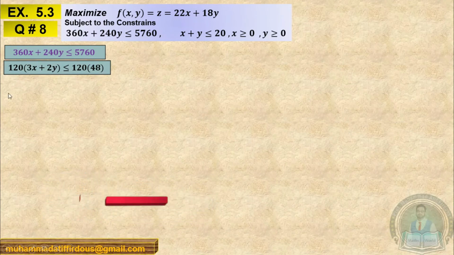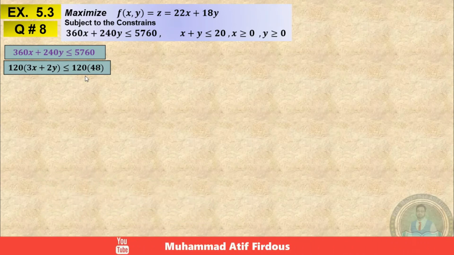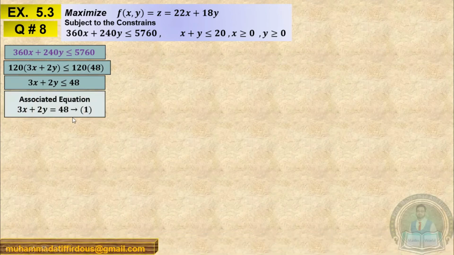Just simplify this, meaning just taking 120 common on the left hand side, and on the right hand side cancel this 120, you have a simple equation which is 3x plus 2y is equal to 48. Just make it simple and now make your table, meaning just convert this into the associated equation.